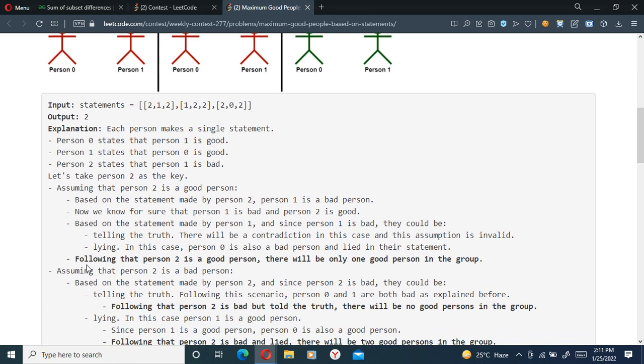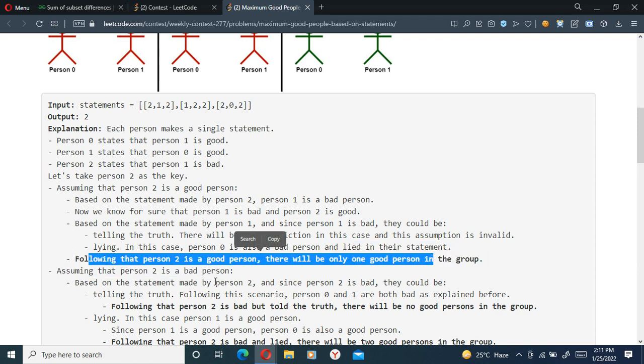Following that, person 2 is a good person, there will only be one good person in this group.